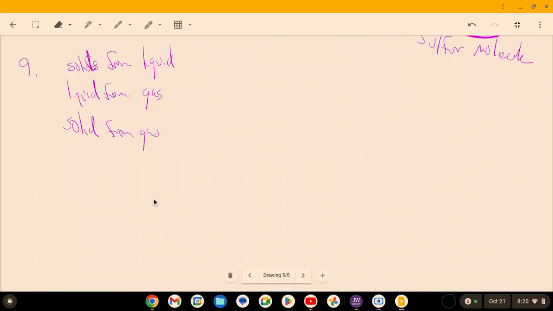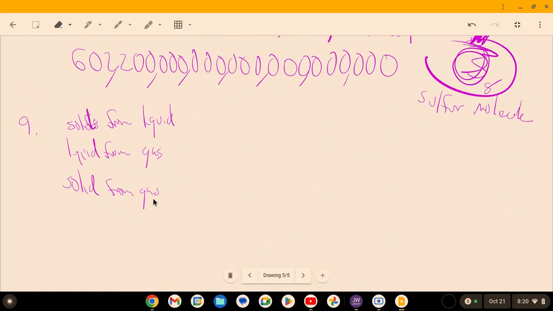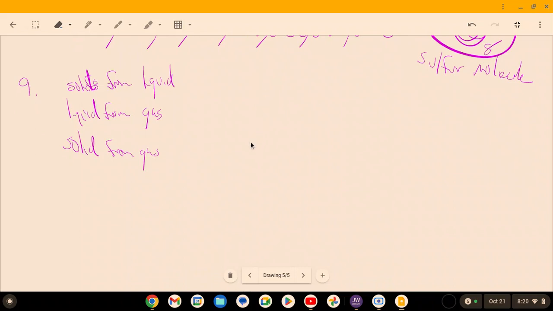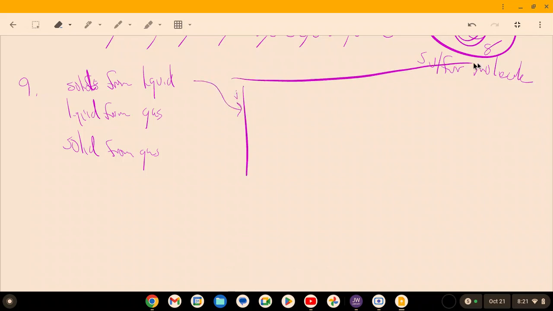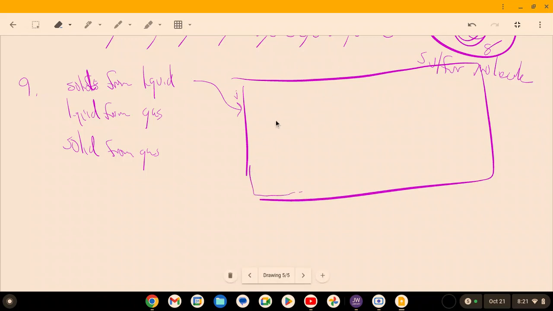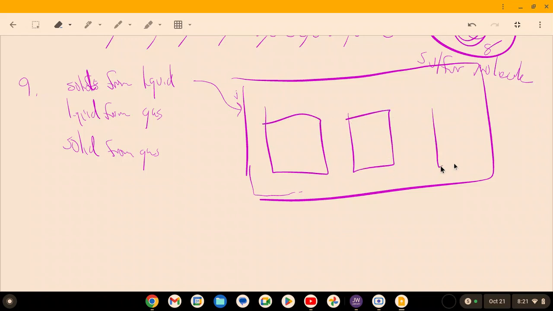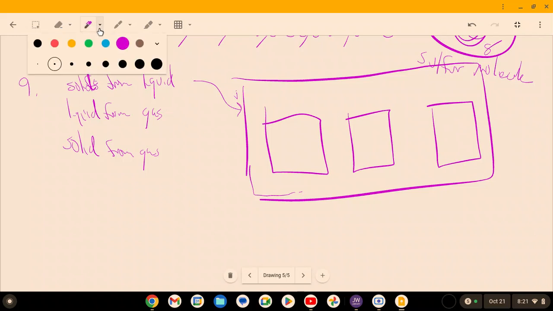And this is actually really easy to do. So let's draw some beakers. For solids from liquid, I can think of 3 possible scenarios. I'm going to draw a box, and in that box I have 1 cup, 1 beaker, 2 beakers, 3 beakers.